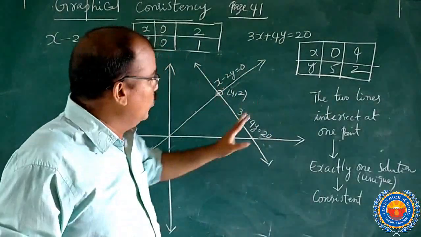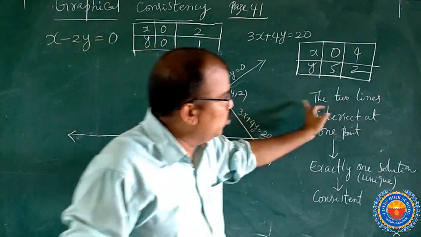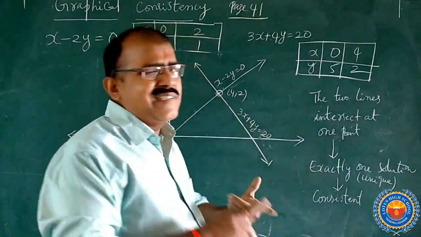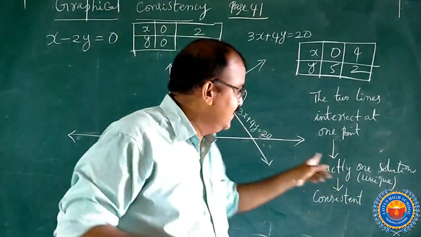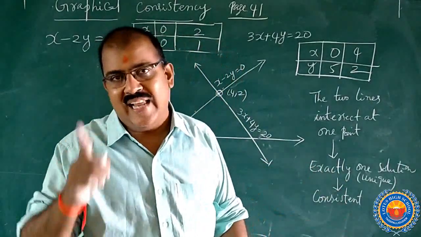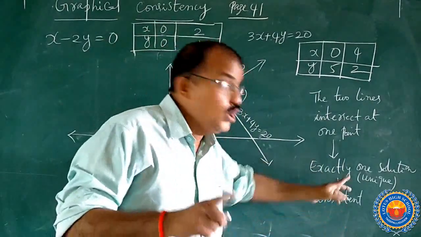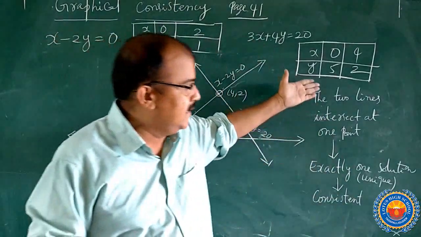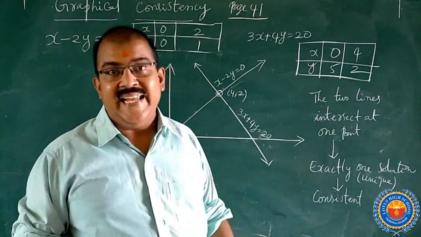So if the two lines intersect at one point, there is exactly one solution, a unique solution. If it is a unique solution, you can say consistent.